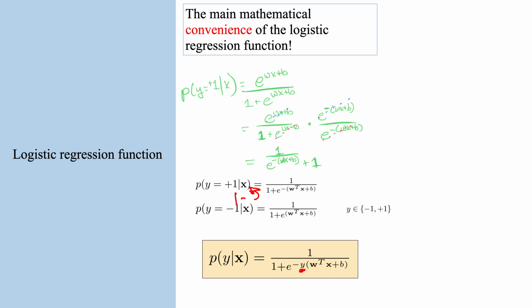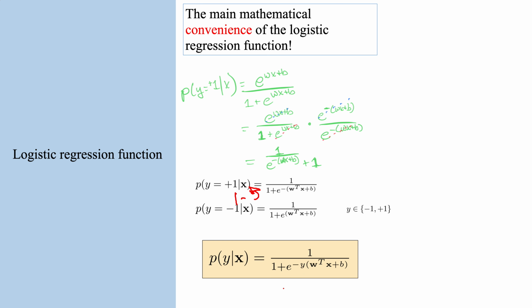When y is the positive class, then y is plus 1, and minus plus 1 is, of course, a negative sign. And when the true value is a minus 1, then we end up with a situation where a minus leads to a plus, right?